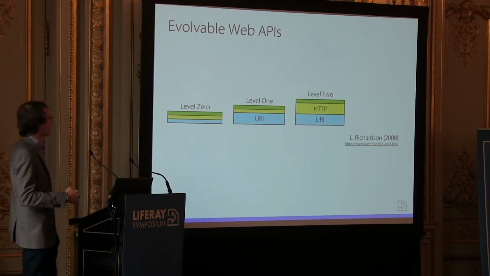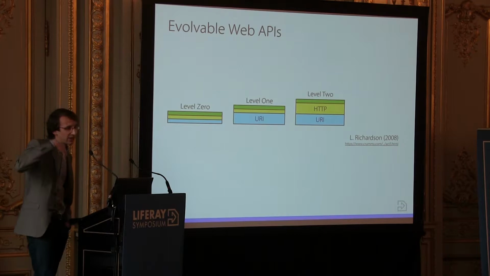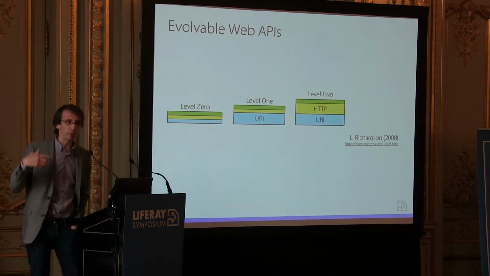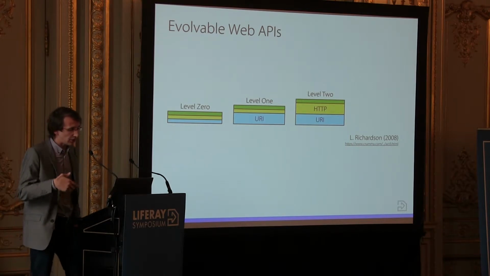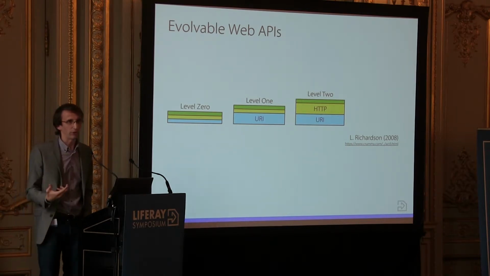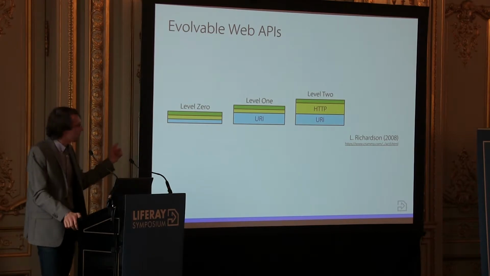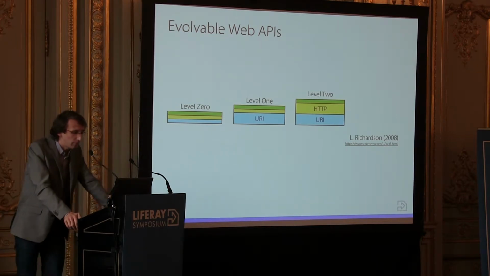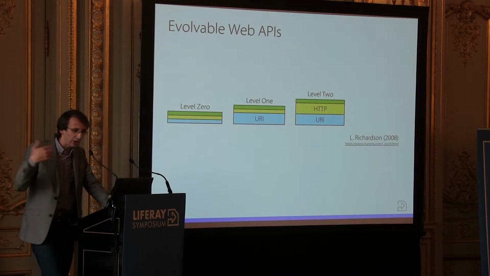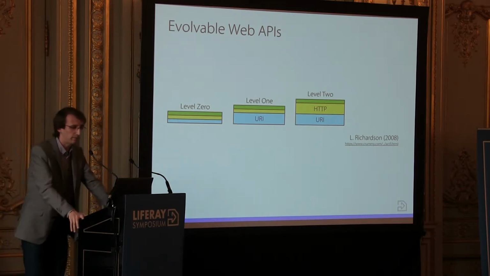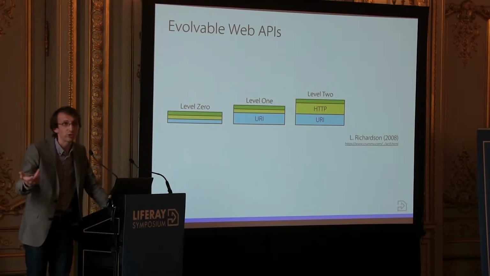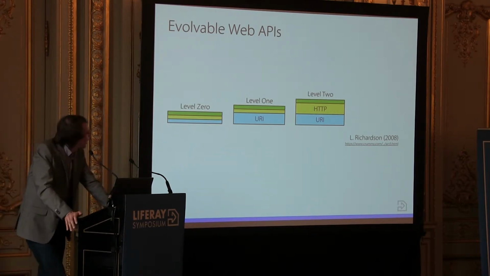So what I'm getting at with this is that making use of more functionality of HTTP actually gets us a more stable and more robust API. And that's what level 2 is about. As I said, if I call an API with an idempotent verb, like GET or PUT, then if it didn't work, I'll just try again. Level 2 APIs are actually very, very common. We see them all over the place.